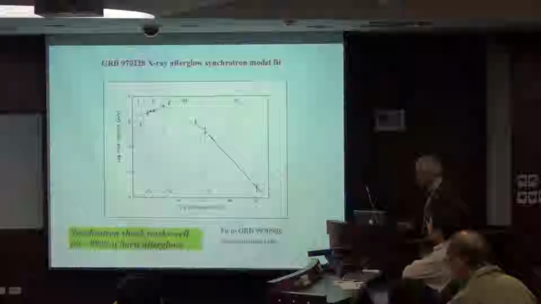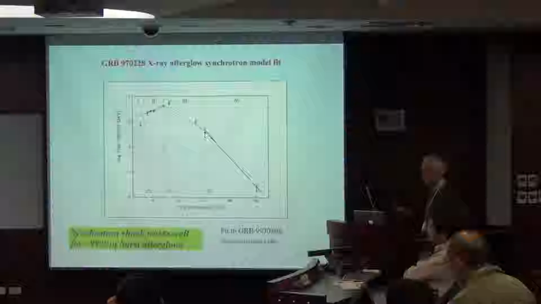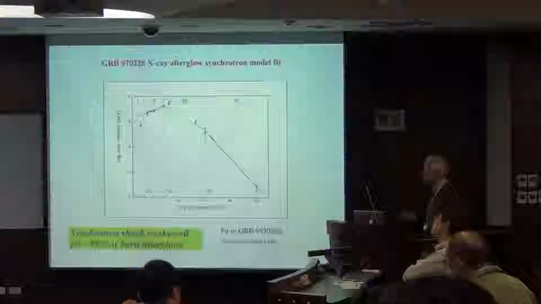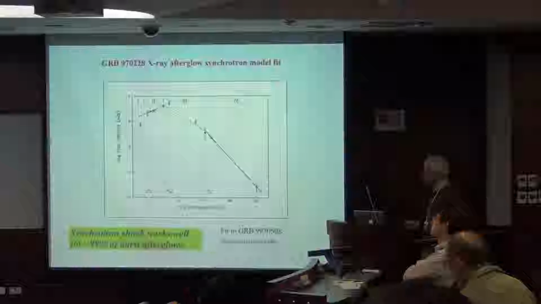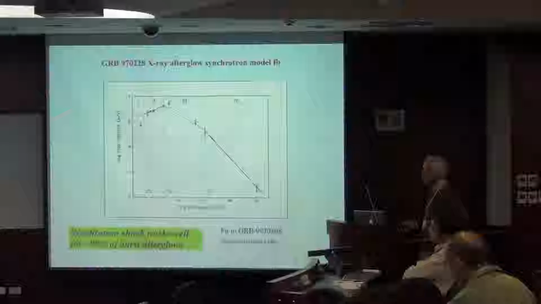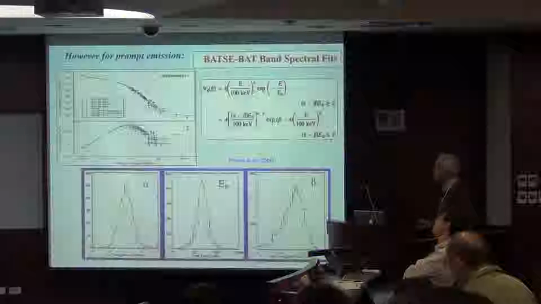So for afterglows, the synchrotron shock model works well for practically all bursts. There are a few weird ones that are good to consider separately, but the basic model works pretty well.